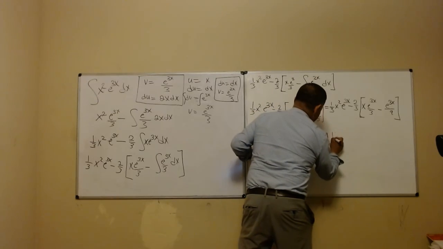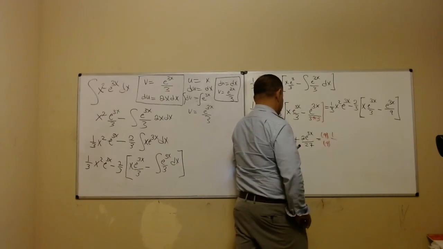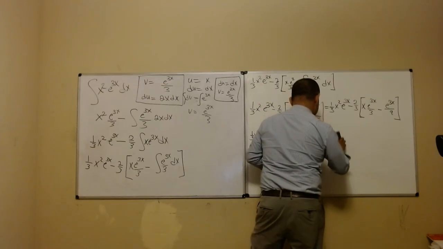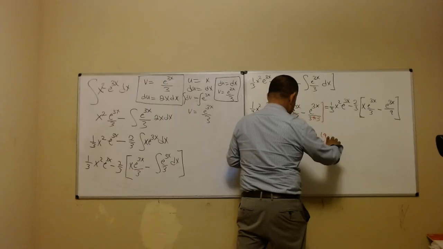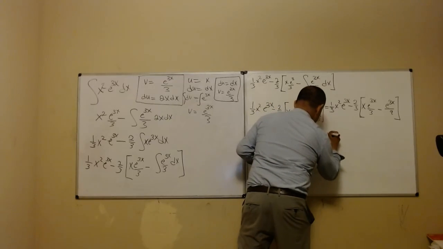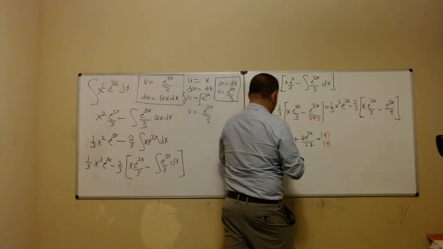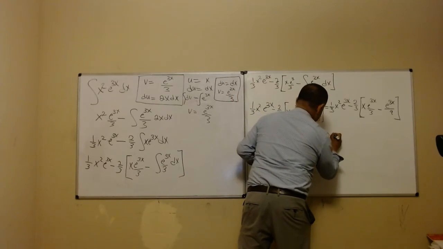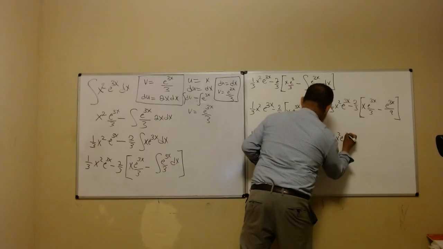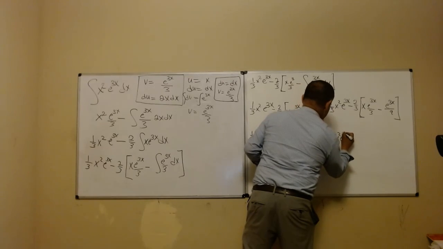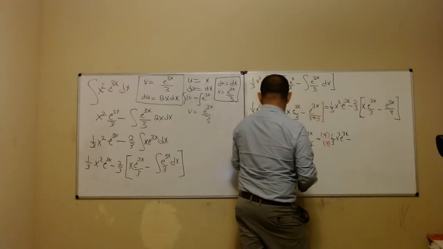So we're multiplying 1/3, right? We're multiplying 1/3 x squared e to the 3x, right? Minus what?